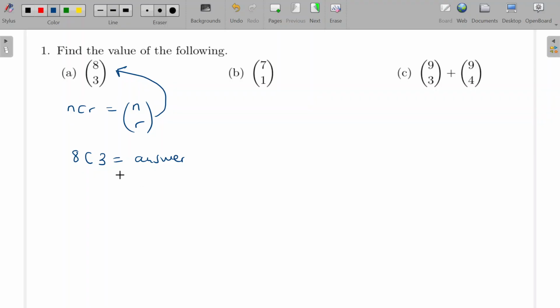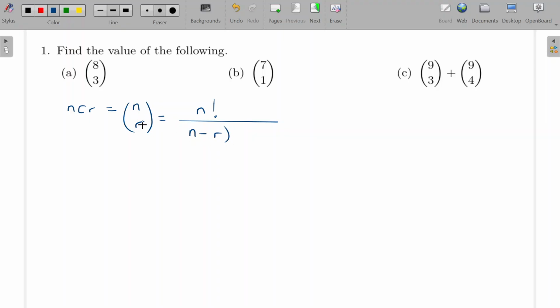So, because you don't have a calculator, we apply a principle, the combination principle, which is written like this. If you have N combination R, it is the same as N factorial over N minus R factorial.